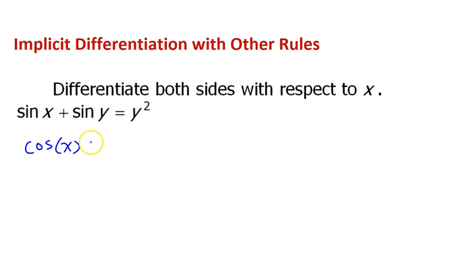Moving on to the next term, the derivative of the outer function is cosine, but the inner function is the y. And the chain rule demands that we multiply by the derivative of the inner function with respect to x, which is dy/dx. So, if you get into the good habit of doing the chain rule every single time, you won't forget this piece right now.